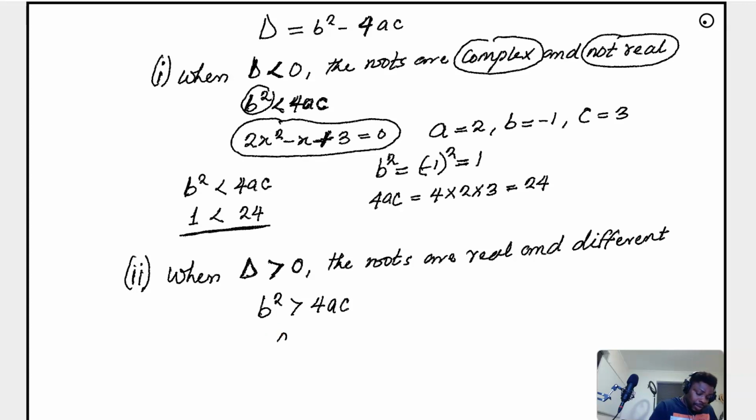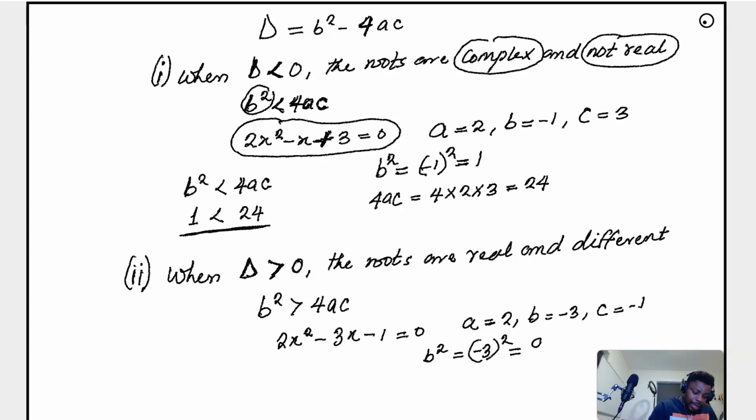So an example is 2x squared minus 3x minus 1 is equal to 0. What is our a here? Our a is equal to 2, our b is equal to minus 3, and our c is equal to minus 1. So let's get b squared here. Minus 3 squared is 9. Let's get 4ac. 4 times 2 times minus 1 is minus 8.